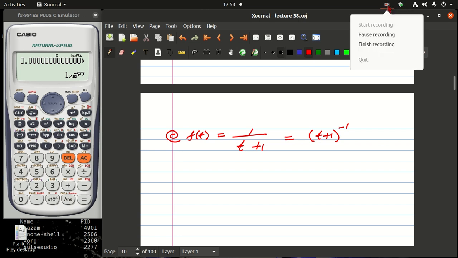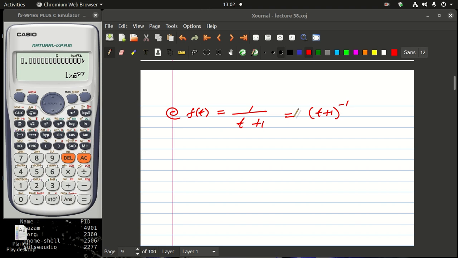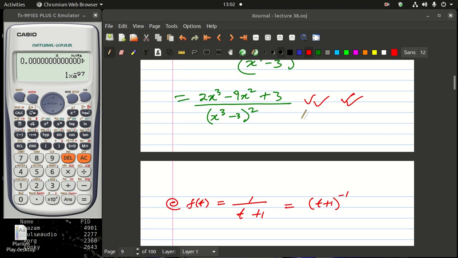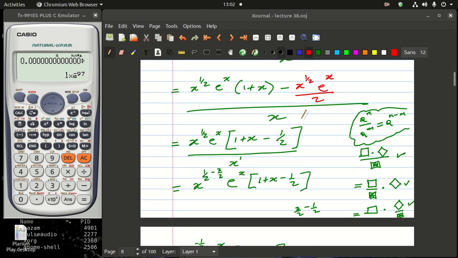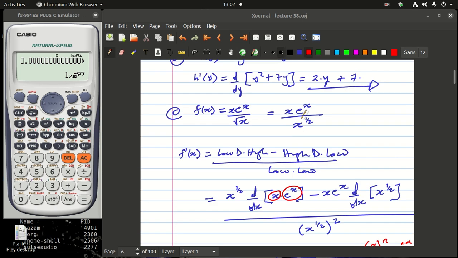Right, so that's what I actually want to do. What I'm doing here is not something new, because you can even see here someone might have decided that I have an x here, I have an x there, and then someone might decide that actually this is just going to be the same as x raised to 1 minus 1 over 2 e to the power x, since 1 is the same as 2 over 2, so we'll end up having x raised to 1 over 2 e to the power x.